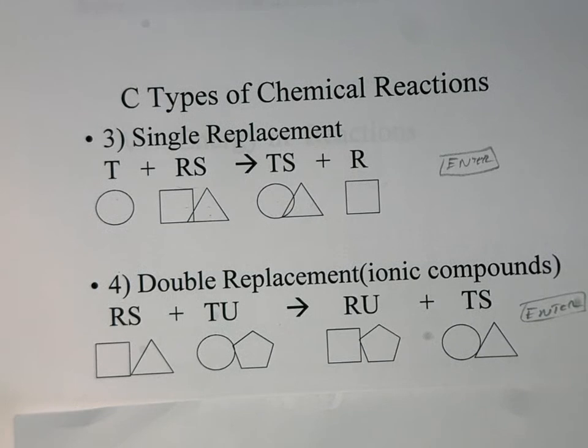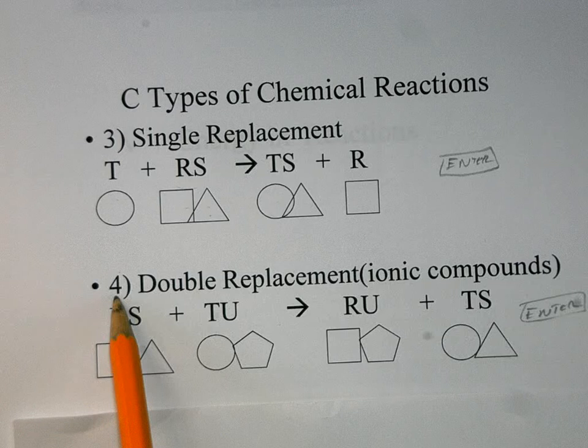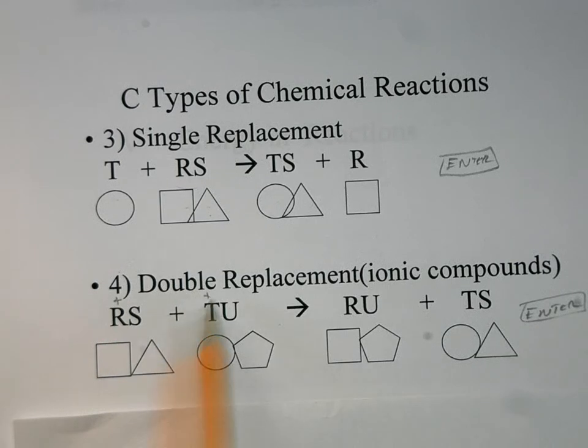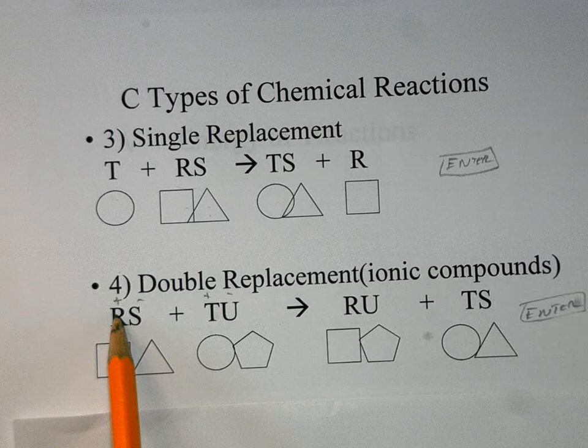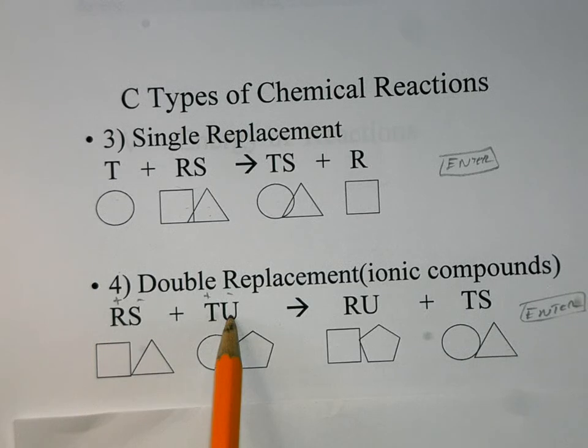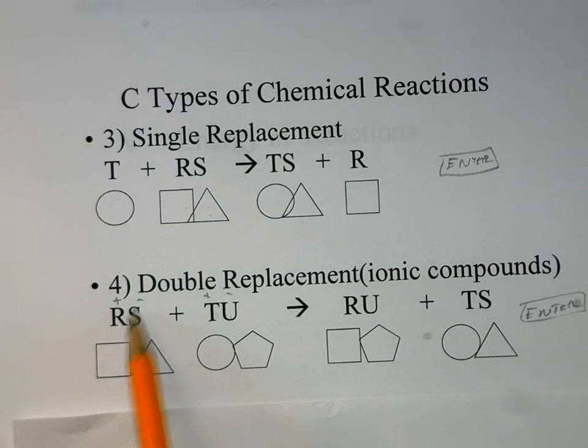All right, so let's talk about double replacement. So what's going to happen is this compound is going to switch with this compound, which would be like the anions that make up each of these compounds. They're going to trade their cations. So the R is going to team up with the U over here, and then the negative S anion is going to team up with this one. So they're switching partners.